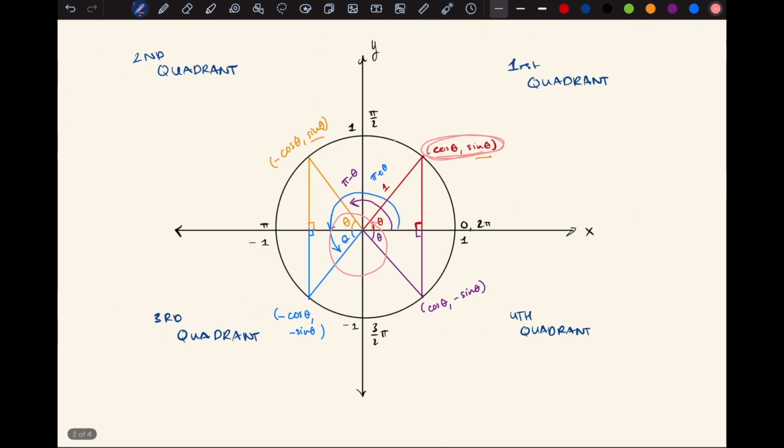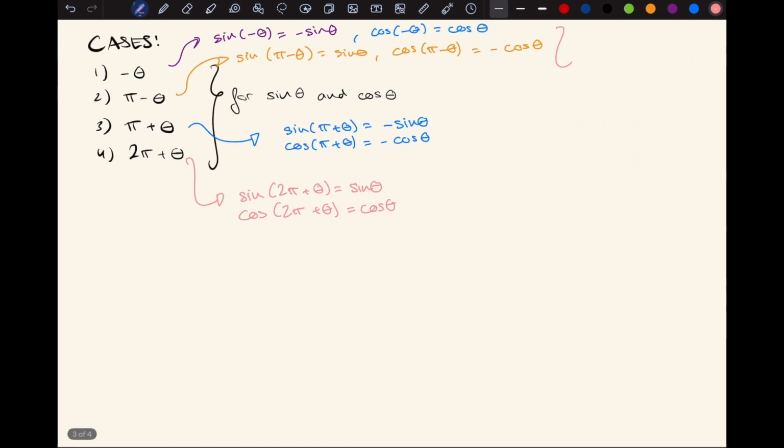So I hope this was quite useful for you, because where these kind of properties come into place is if you have an equation, so to speak. So let's say that, for example, we know that sine of 0.4 is equal to a, right? And then we have an equation that we're trying to solve. And at one point in the equation, we end up having a sine of, for example, pi plus 0.4.